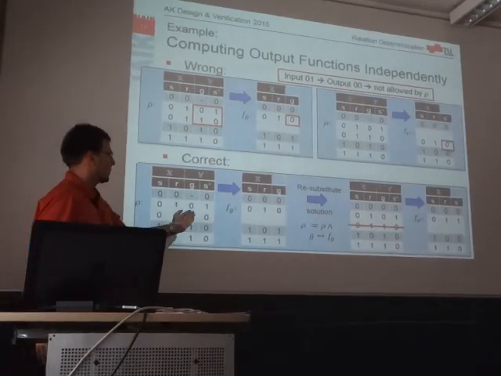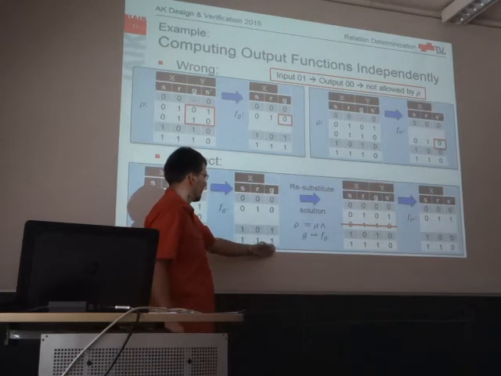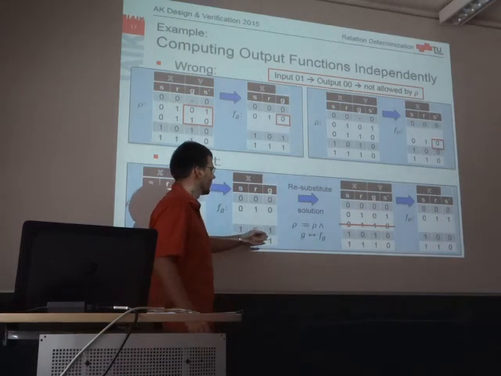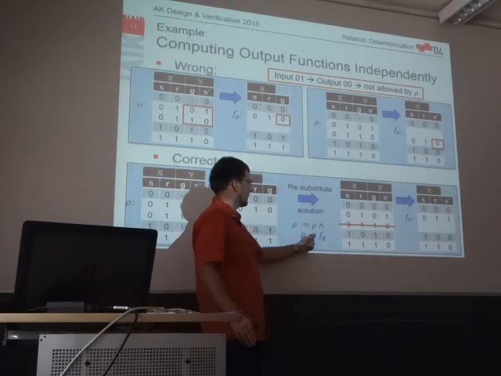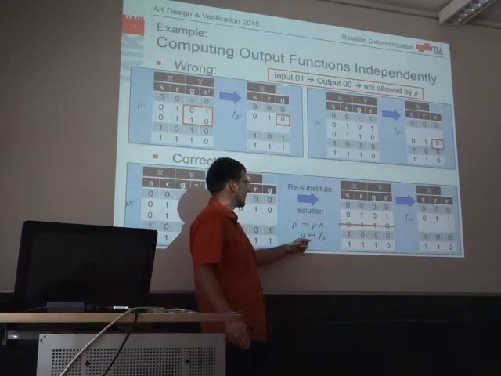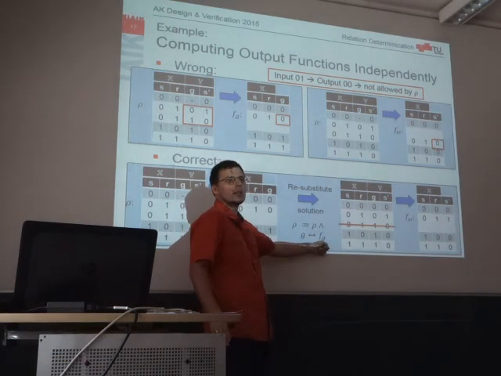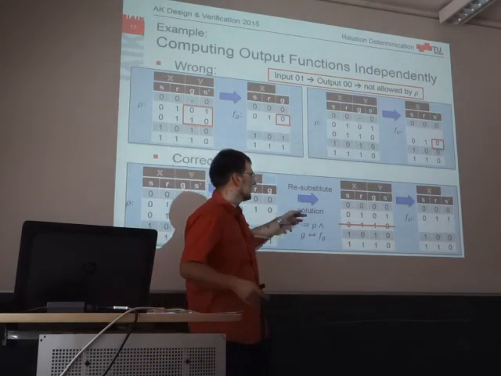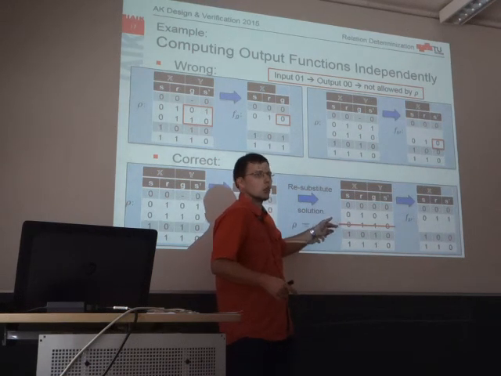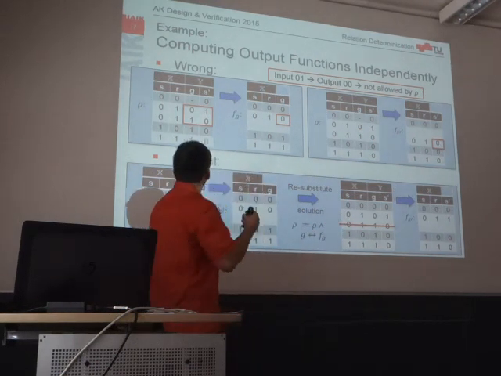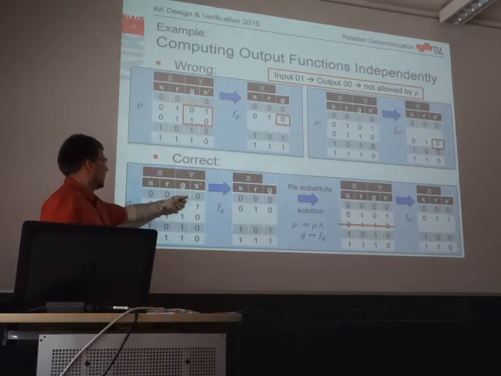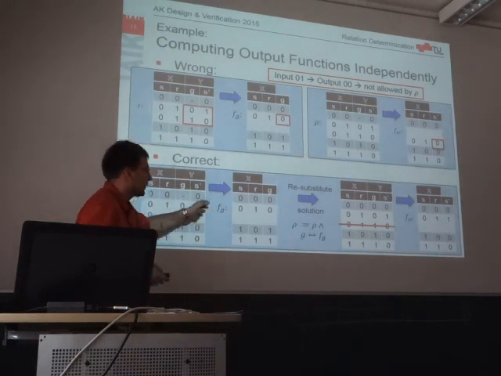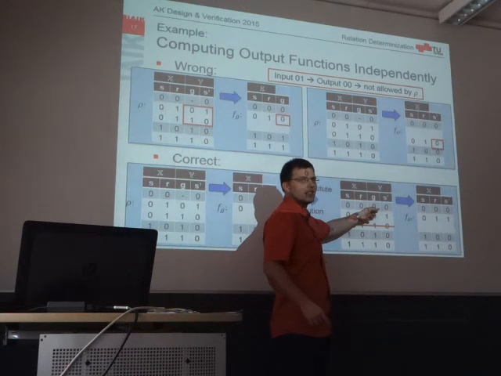What we do is we first compute the function fg, and for example let's say we have picked this one, and then we perform a resubstitution, meaning that we change our relation rho such that it is our original relation, and we say g must now be equal to what we have already picked as a function for g, which basically is nothing else as deleting all the rows that are incompatible with the choice that we have already made. So from this row, here it originally said, well, we don't care, it's a dash, but now we have fixed that g will be 0 here. So now in our new relation we will have a fixed 0 here.